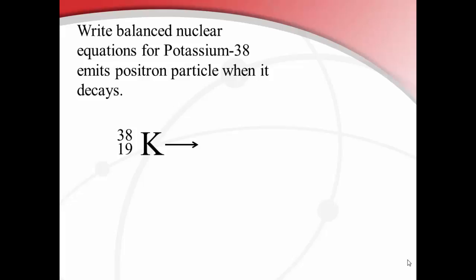Arrow, and we write the positron symbol, which is a positively charged electron with a mass of 0, plus our new element. 38 must equal 0 plus a number. 38 equals 0 plus 38. 19 must equal +1 plus a number. 19 equals 1 plus 18.